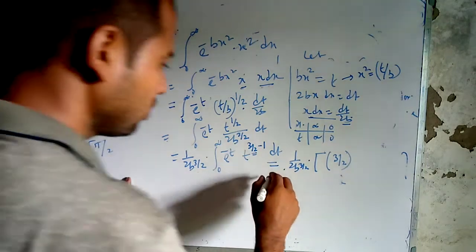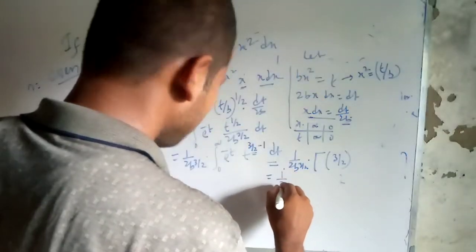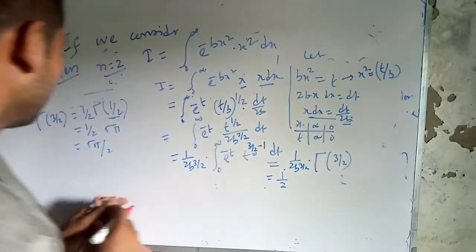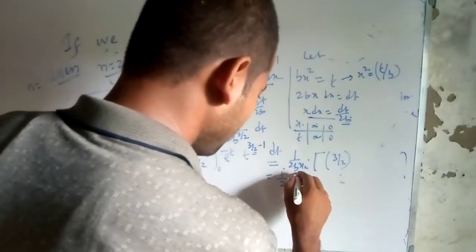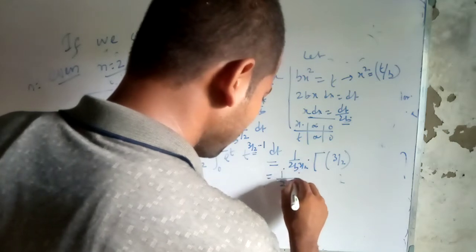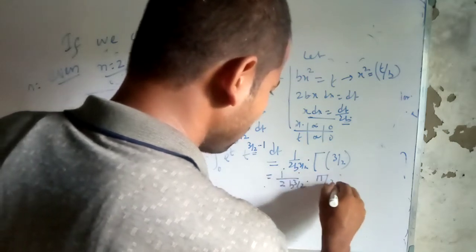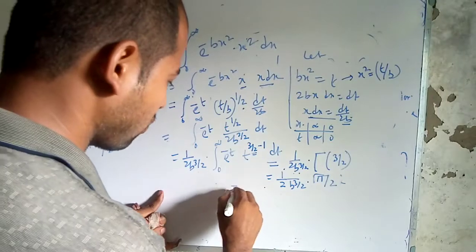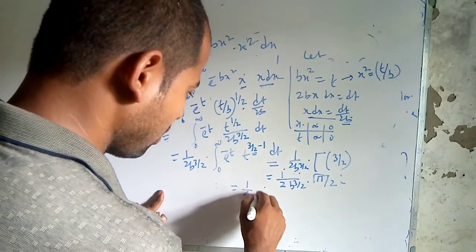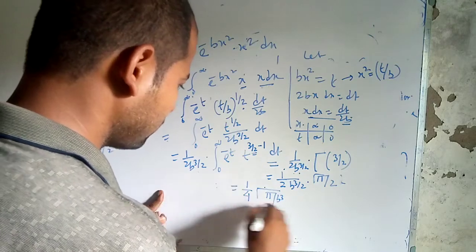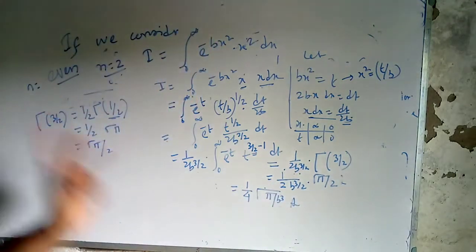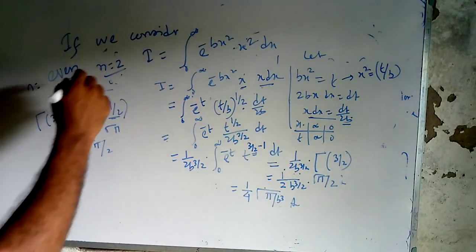Inputting this value, we get 1 by 2b^(3/2) into root pi by 2, hence 1 by 4 root pi by b to the 3. This is the value for the even function where n is equal to 2.